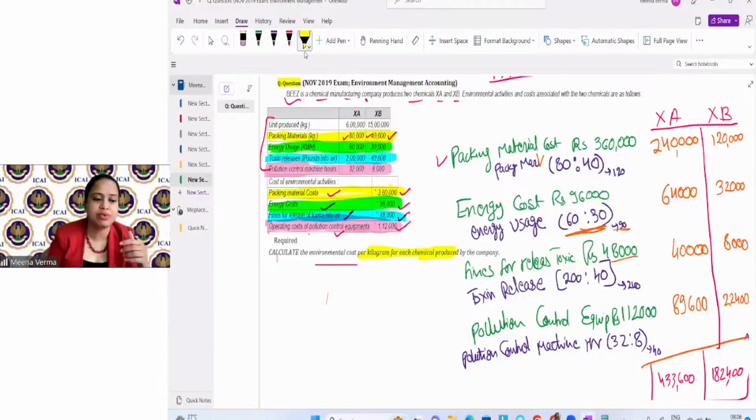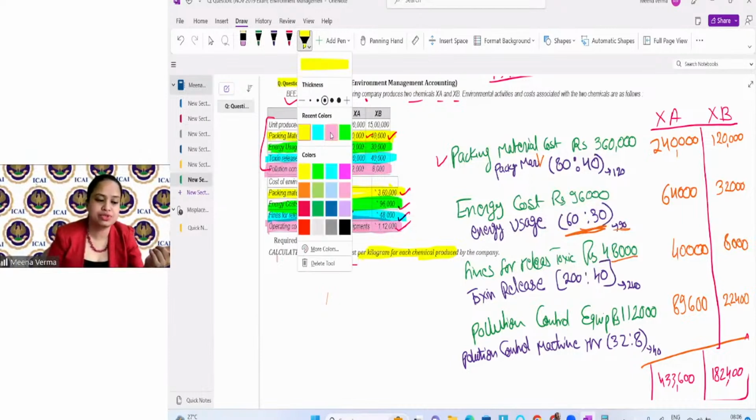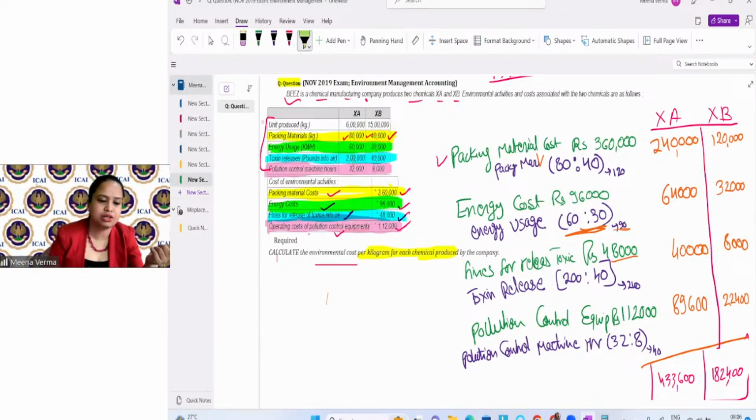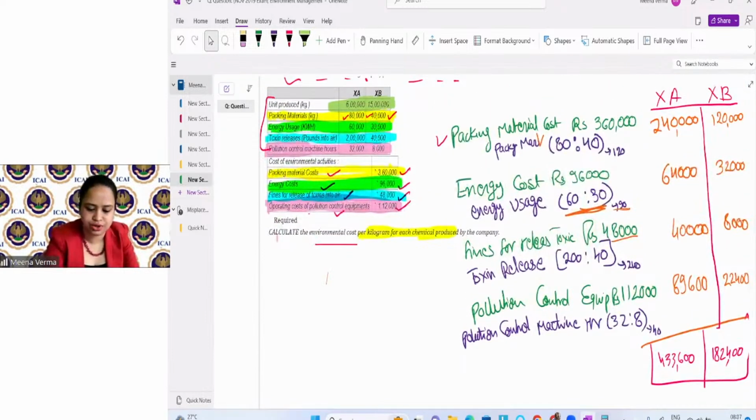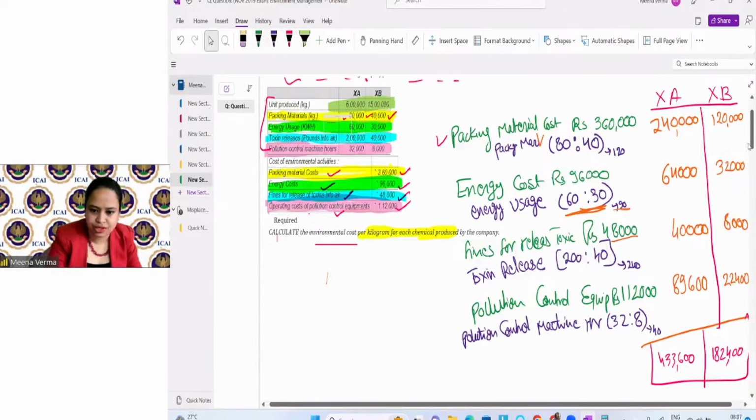So now let's see how much chemical we are producing. These are the quantities of the chemical which we are producing. For XA, it is 6 lakh. For XB, it is 15 lakh. So now what will happen? Divide with 6 lakh and 15 lakh so that you can find this cost per unit.